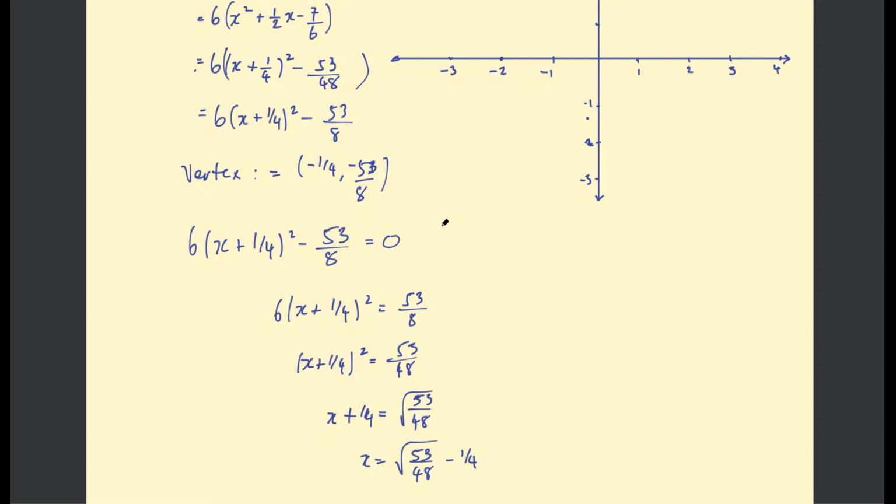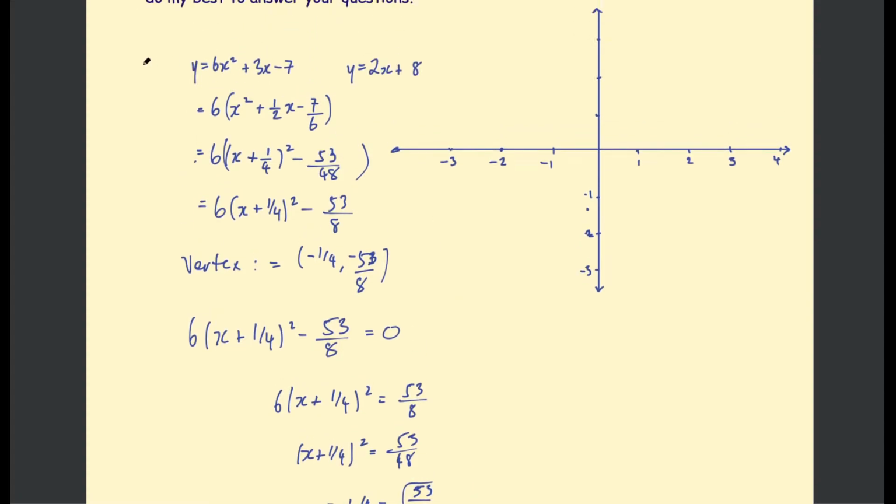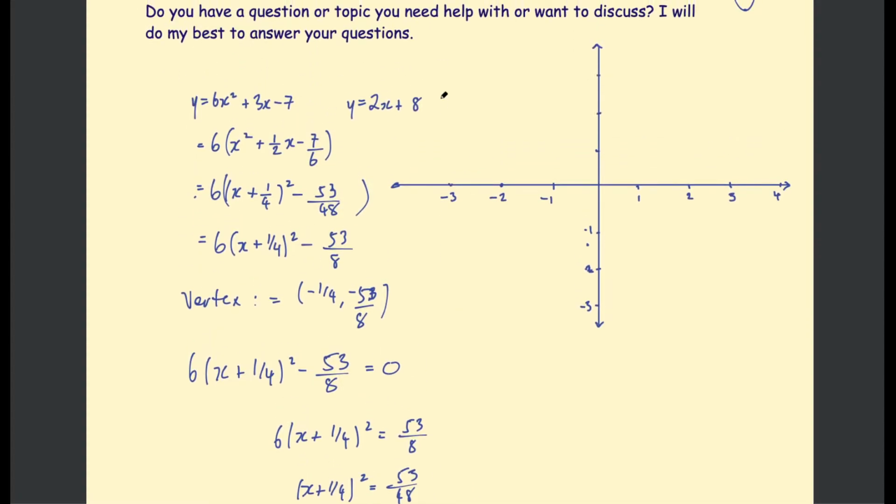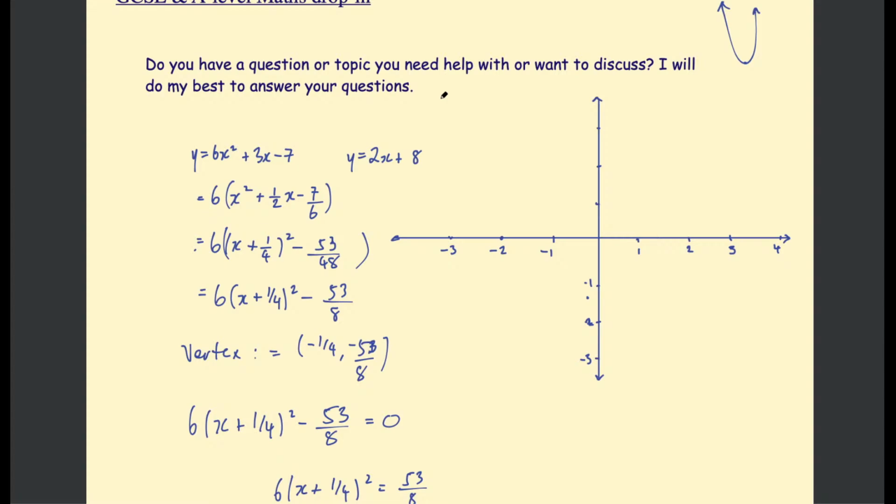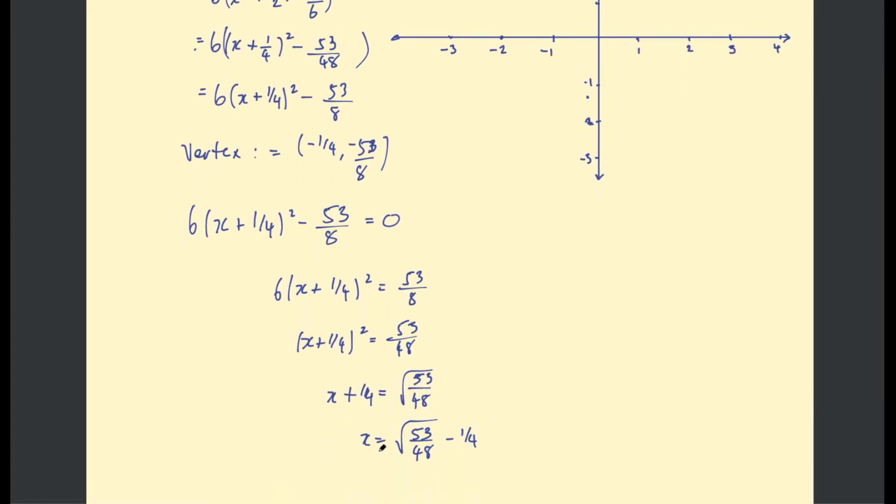So they would not just give you these equations and ask you to graph them. They would actually give you the graph to find the solution that way. So anyways, this would be something like, I don't even know what this is. Root 53 on 48, take a quarter. I don't know, let's get a number for that.